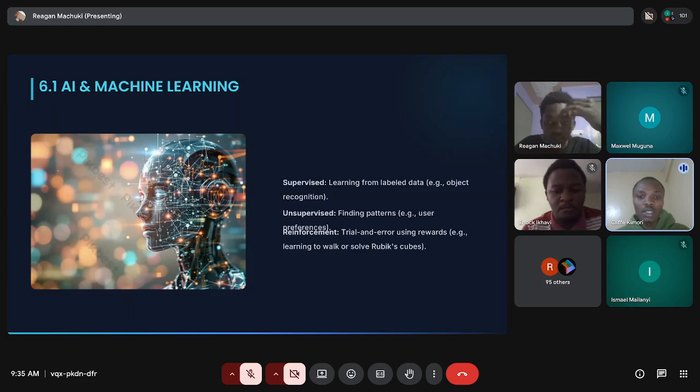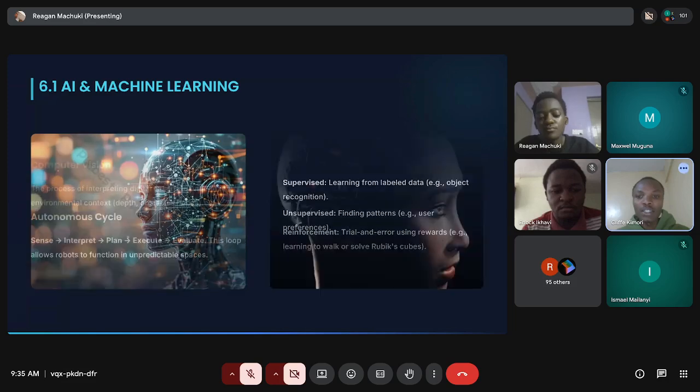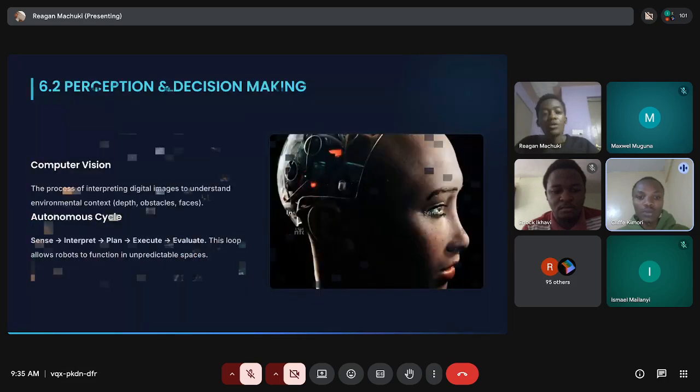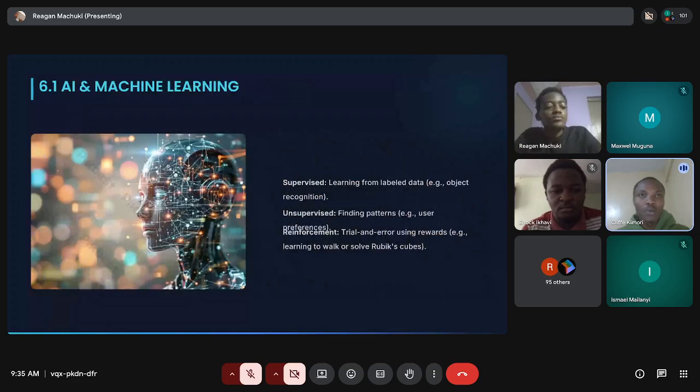The second approach is unsupervised learning. The robot analyzes unlabeled data and identifies hidden patterns or relationships. A common example is music recommendation systems, which analyze listening habits and user preferences in order to suggest songs or create personalized playlists. The third approach is reinforcement learning.